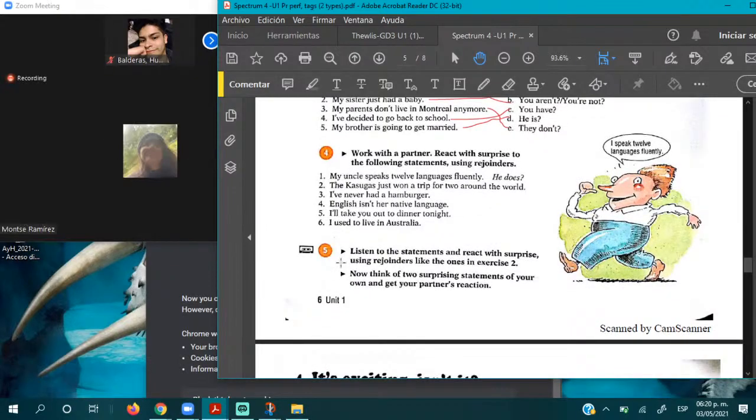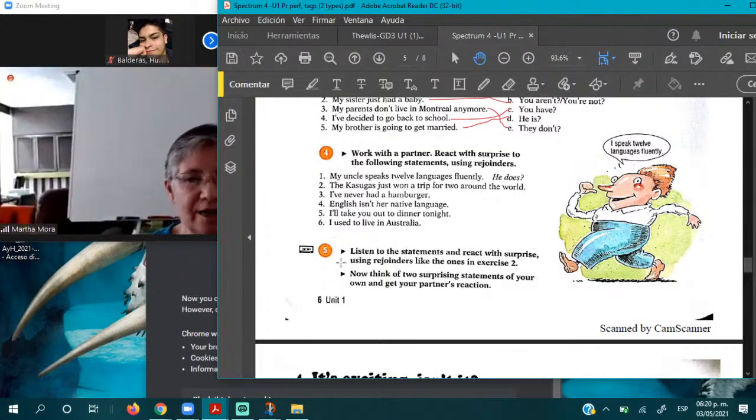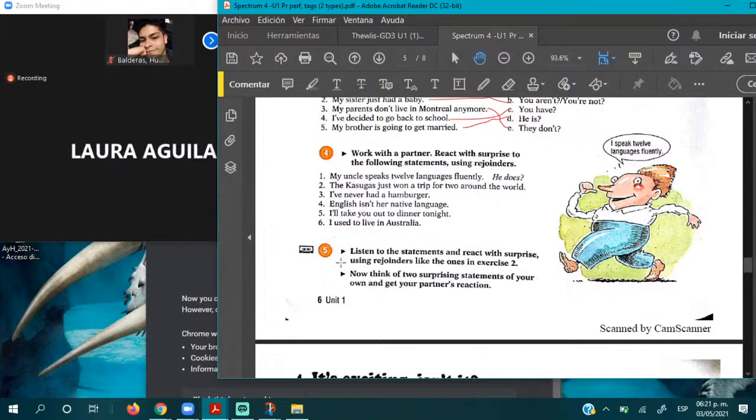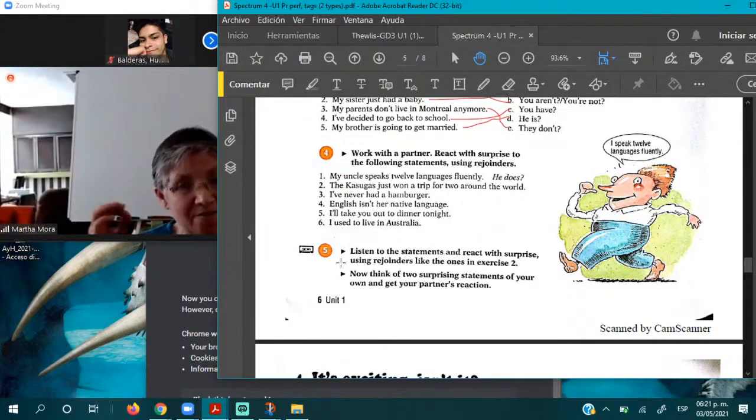He is. Yes. Okay. So in exercise 4, now you don't have a column to match. You have to react with something logical, one of these rejoinders. So you need to pay attention to the tense of the sentence that your partner is going to say, and to whether the sentence is affirmative or negative, because you are like a mirror.